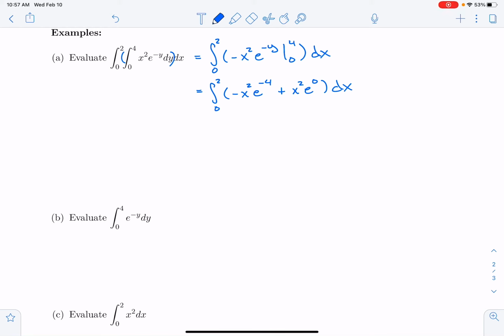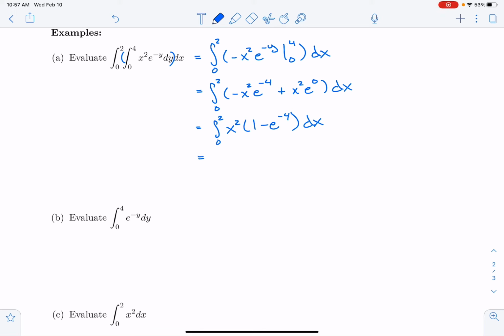I just want to simplify that just a little bit. Okay, so this is the integral from 0 to 2 of x squared times 1 minus e to the minus 4, kind of factoring out the x squared, and I integrate that dx. Okay, I'm going to notice that the 1 minus e to the minus 4 is just a constant.